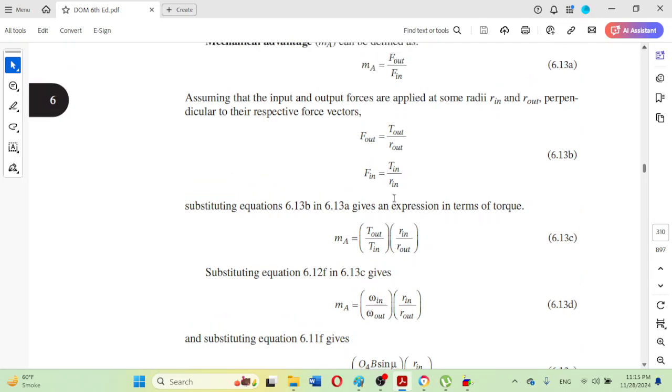Which is 6.13a. So when we are inputting the values, we will be obtaining that T out divided by R out will be divided by T in divided by R in.